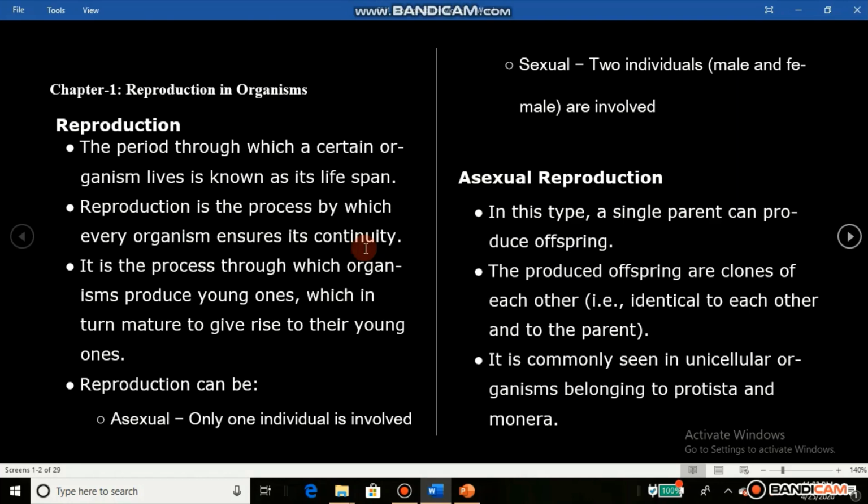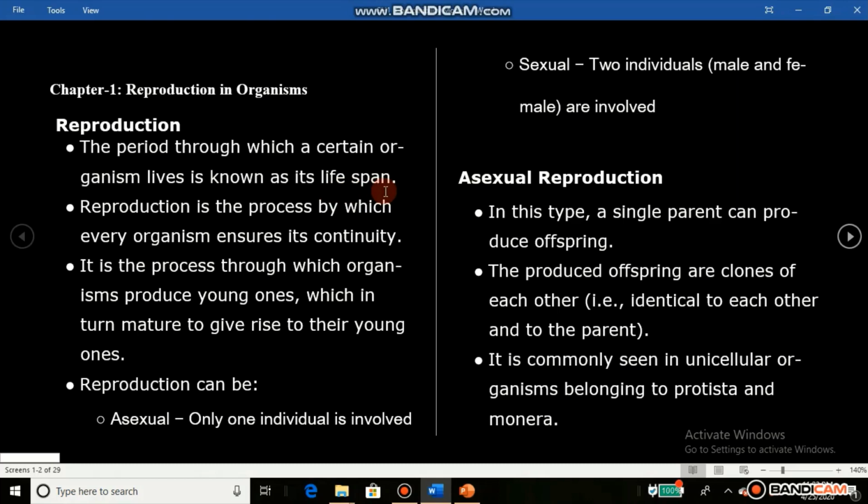It is happening in their life. Whenever this reproduction is happening, the lifespan is necessary.